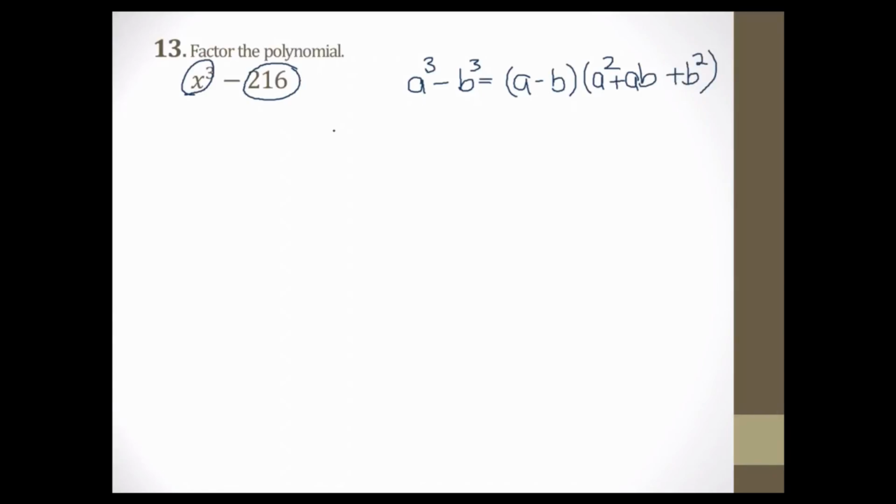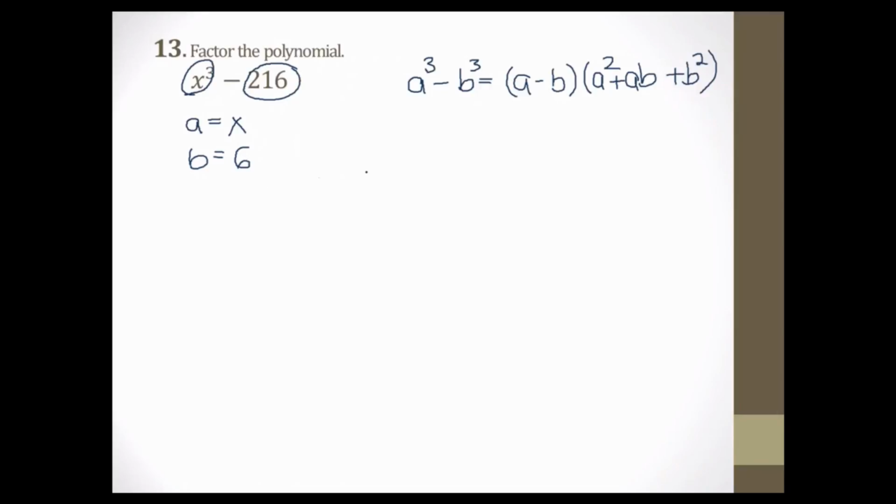So when you're factoring the difference of two perfect cubes, basically you just have to plug into your formula. But first let's identify what a is. A in our case is basically the cube root of x cubed, which is just x. And then b would be the cube root of 216, and the cube root of 216 is 6.